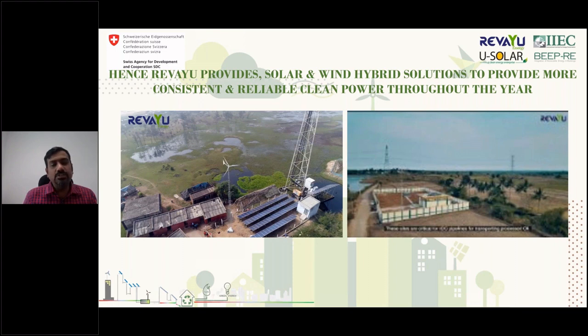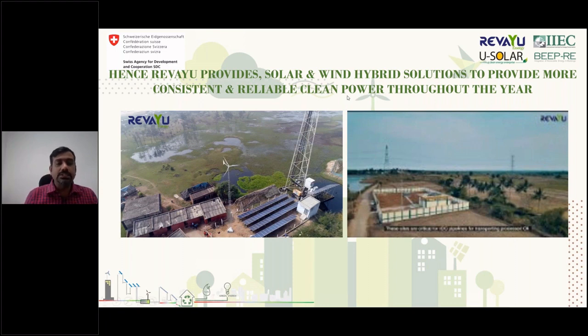Integrating solar with wind also means if somebody has already installed solar capacity and they want reliable energy throughout the year, then they add wind capacity to their existing solar setup. That's what we did here, and this was for a telecom tower, and the surplus power, when both were producing surplus, went to the village people who were staying there.